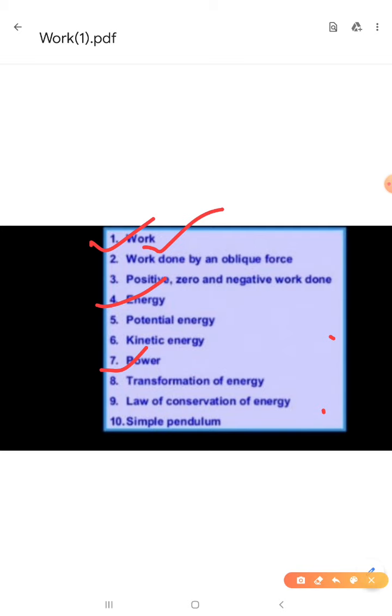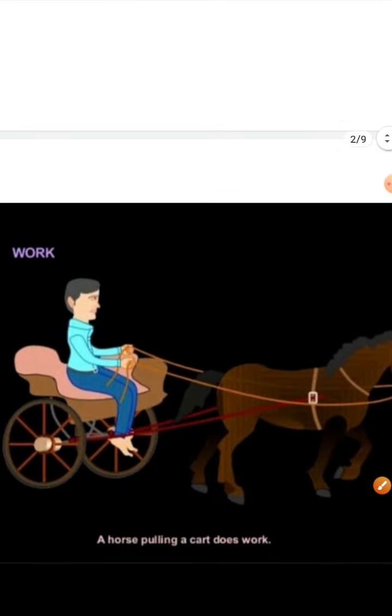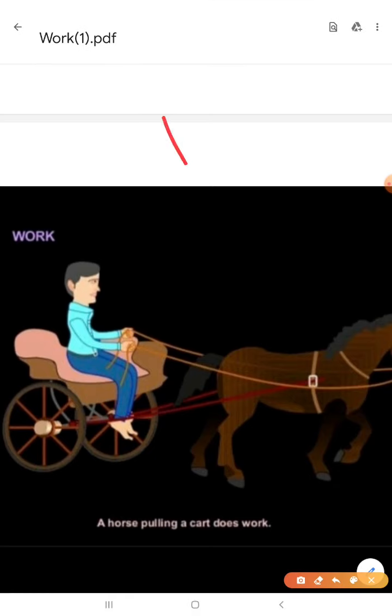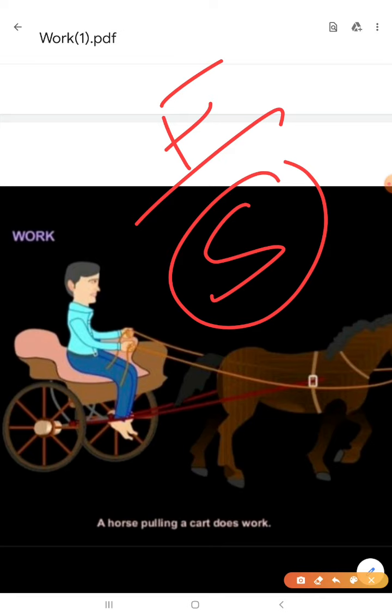Let me tell you, dear students, a very important thing about work. There should be some force and there should be displacement in a body. Then we can say there is work.